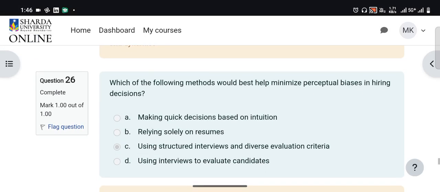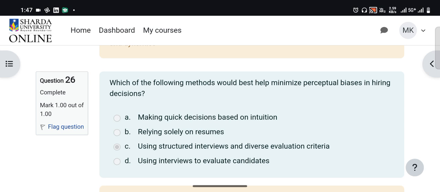Question number 26. Which of the following methods would best minimize perceptual bias in hiring decisions? Option A, making quick decisions based on intuition. Option B, relying solely on resumes.